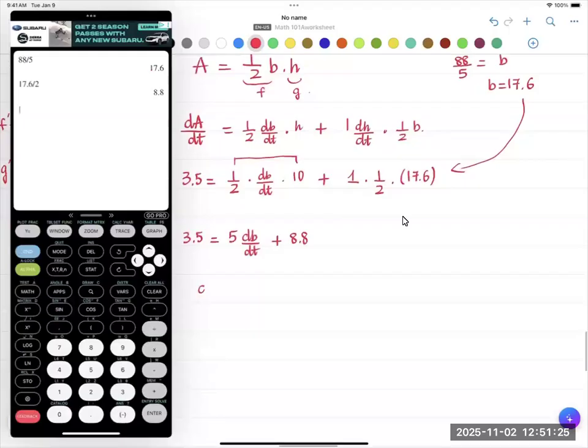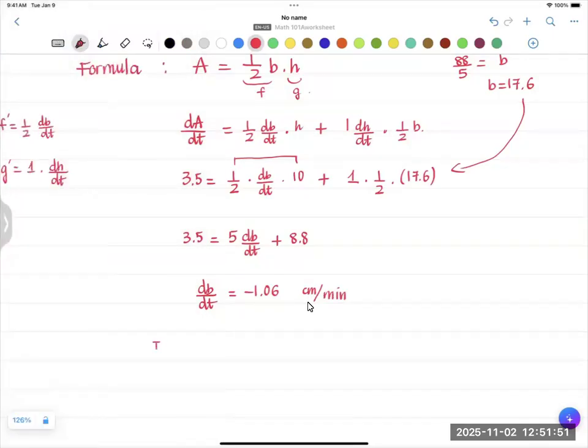Then we solve for dB over dt by subtracting 8.8 on both sides. So we have 3.5 minus 8.8 and then divide by 5, and we get negative 1.06 centimeters per minute.